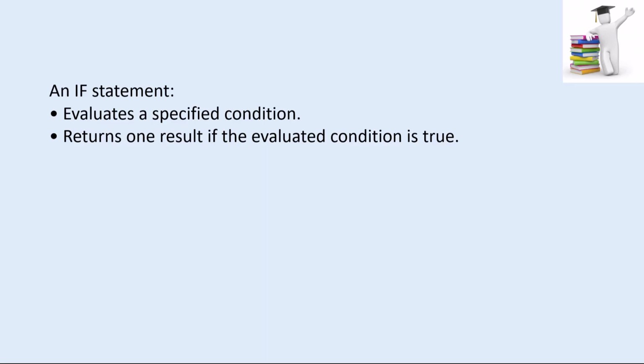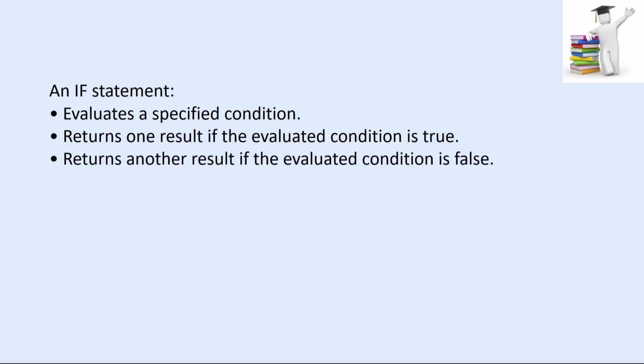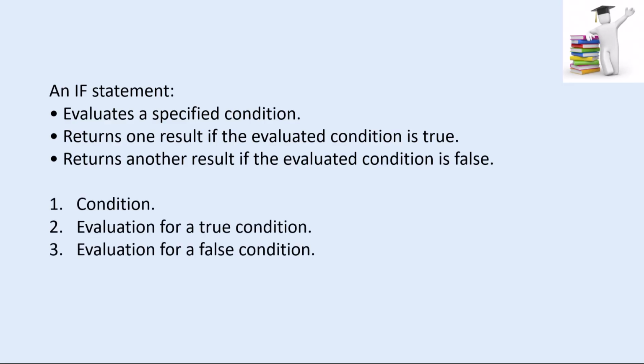This returns one result if the evaluated condition is true. The third element is the false result. This returns another result if the evaluated condition is false. Let's summarize this. We have a condition, an evaluation for a true condition, and an evaluation for a false condition.